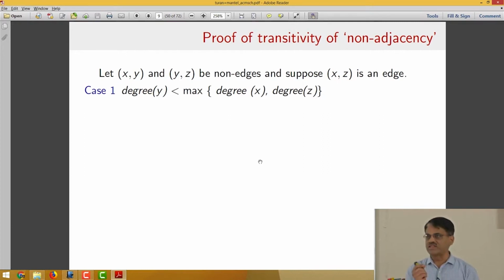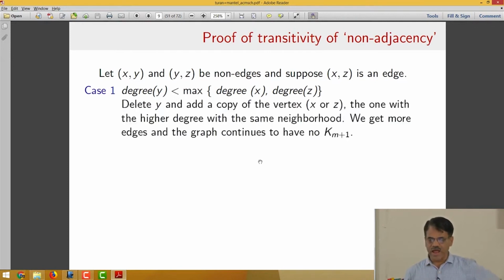Suppose degree of y, the middle vertex, is strictly smaller than the max of the degree of these two guys. Then I would argue the following: remove y and replace it by whichever of x or z has the higher degree. What does replace it mean? I just use the neighbors of whichever of x and z and do it for my y.